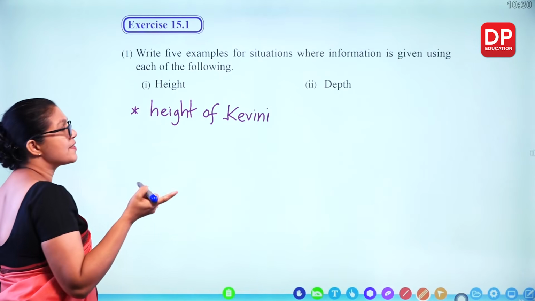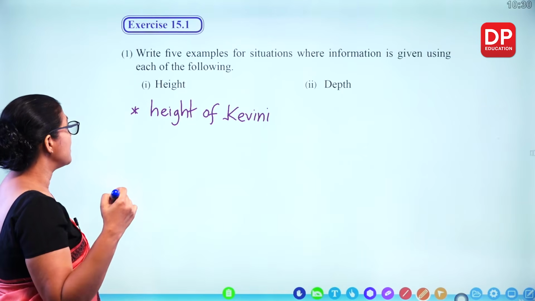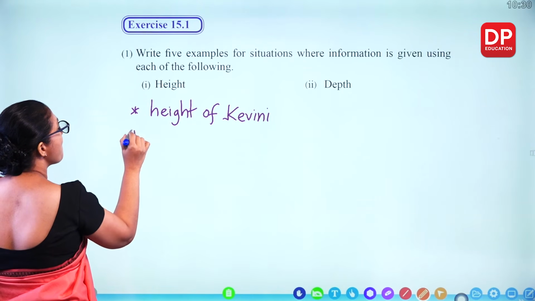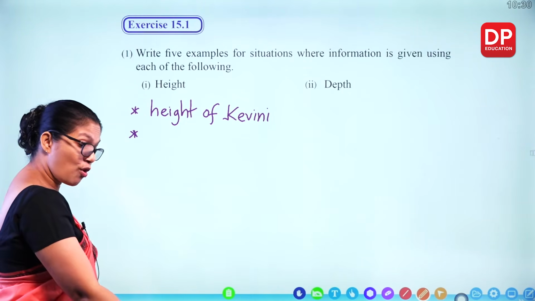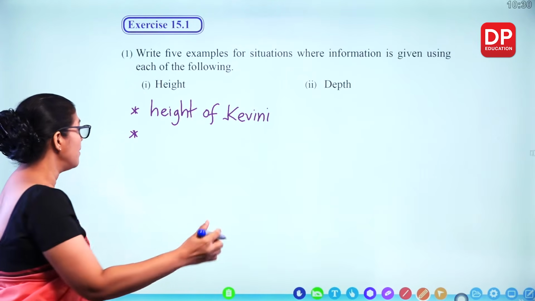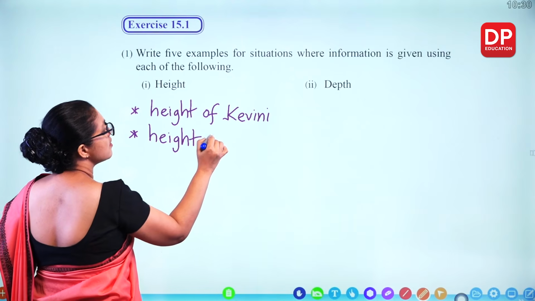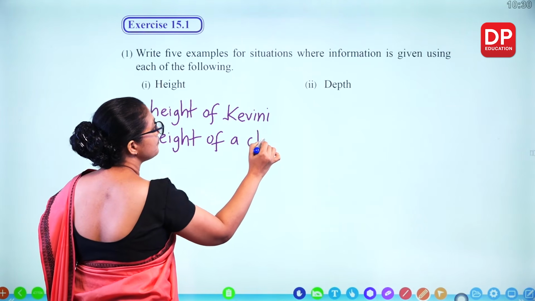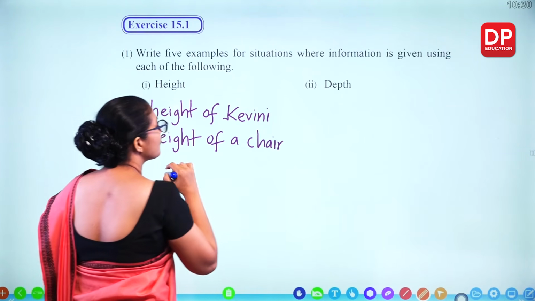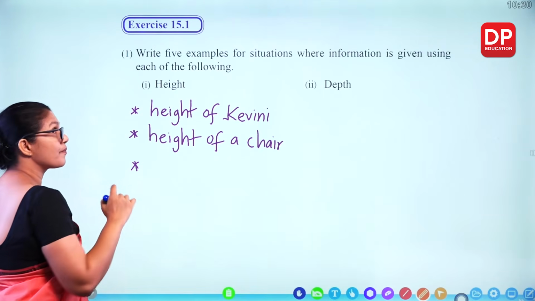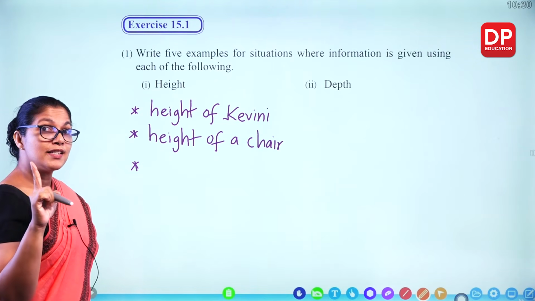Then if you want to measure the height of a chair, height of a chair. Height of a mountain.